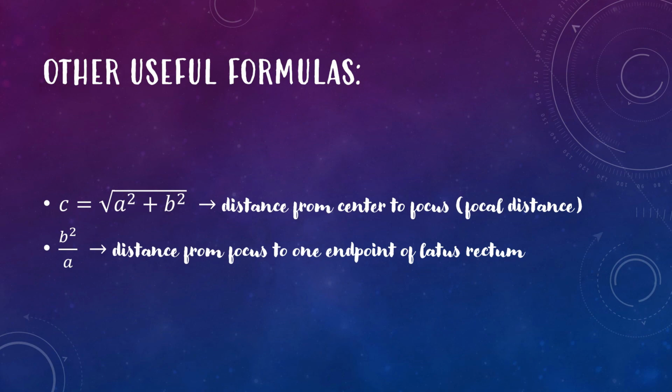So to get distance c, we have c equals the square root of a squared plus b squared. We also have b squared over a, that is the distance from focus to one endpoint of latus rectum. So, one endpoint sa latus rectum.